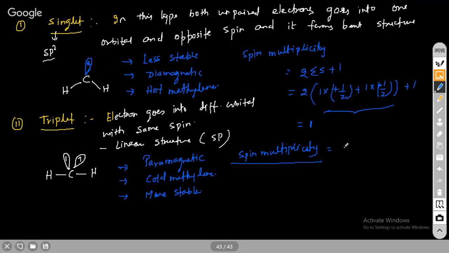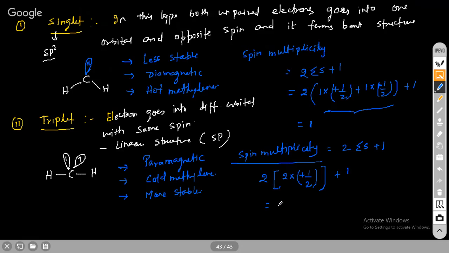When you calculate the spin multiplicity of this, the formula is again the same, 2 summation of s plus 1. But here both electrons are clockwise, right? So 2 into plus half, or we can also write 1 into plus half, then again 1 into plus half, plus 1.